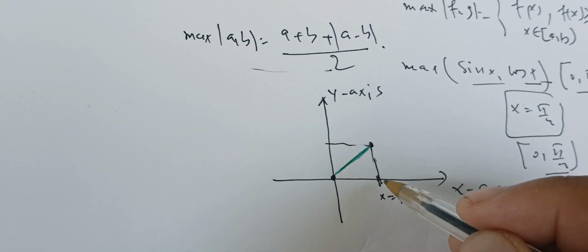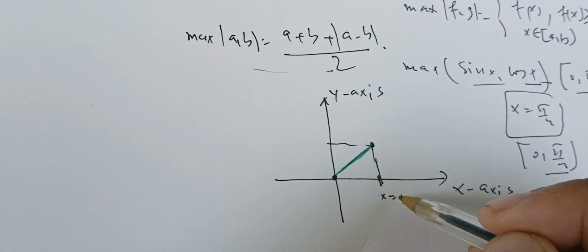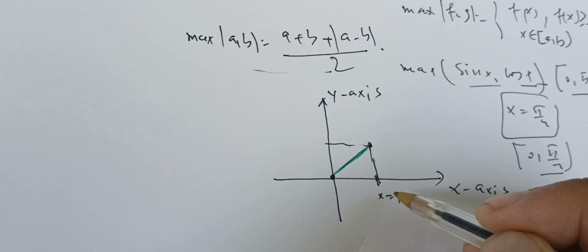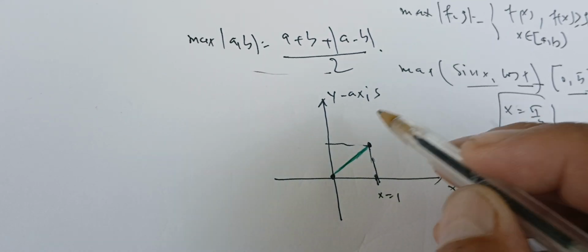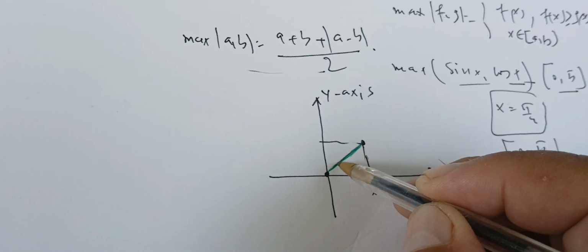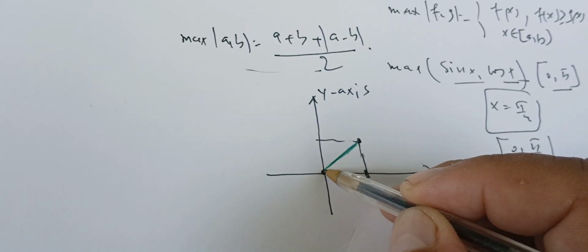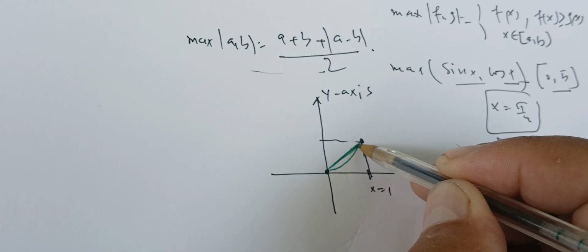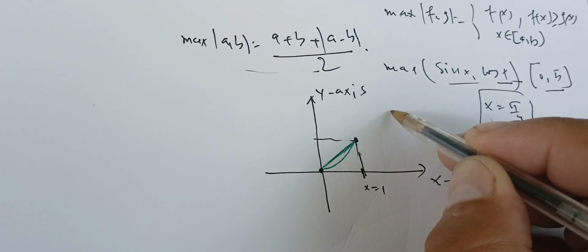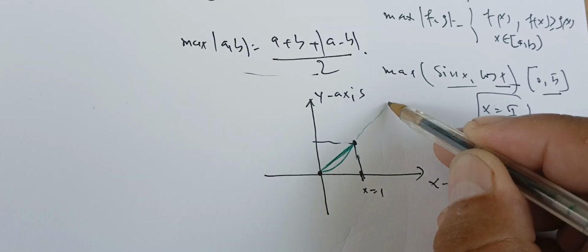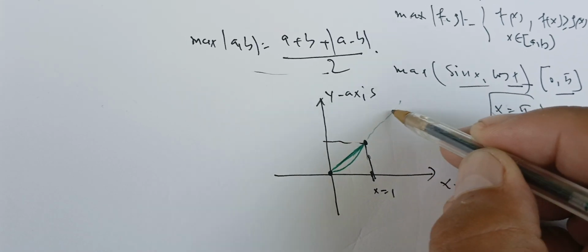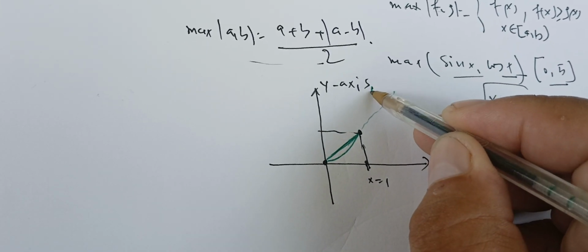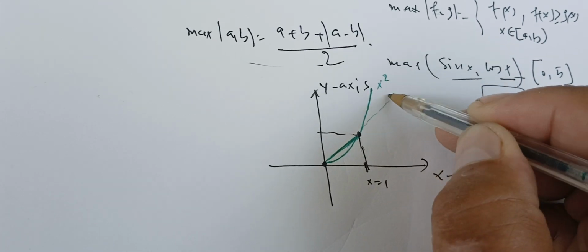On this interval 0, 1, we know that x squared is less than x. And we know that outside of this interval, x squared is bigger than x. So here we have x squared.